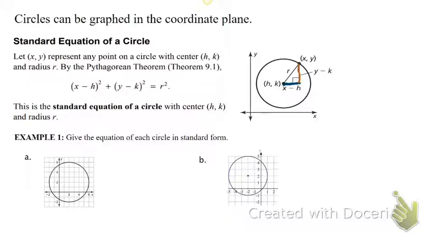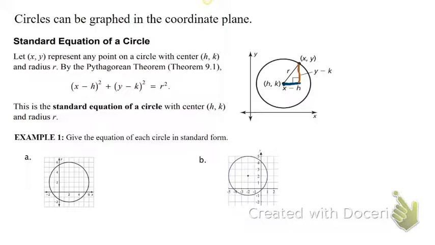Likewise, the second leg will be (y minus k) squared, and that will equal the hypotenuse squared, which is our radius squared. There we go. We just figured out where the standard equation of a circle came from. It came from the Pythagorean theorem simply used on a circle with a center and a radius.